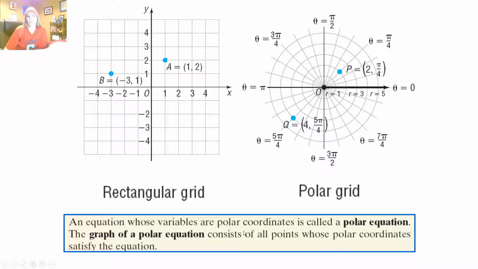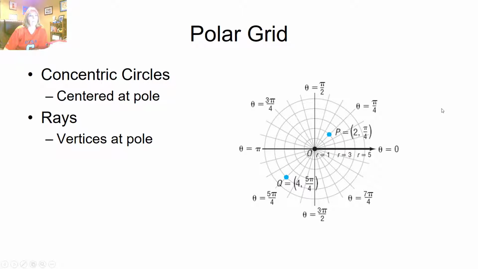An equation whose variables are polar coordinates would be called a polar equation. The graph of a polar equation consists of all those polar coordinates that satisfy the equation. Just the same as when we graph an equation, we say all the xy values have to correspond to that particular equation, and the same thing with polar.